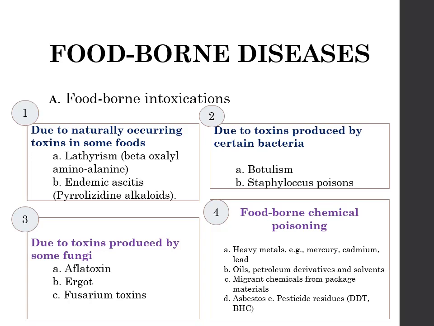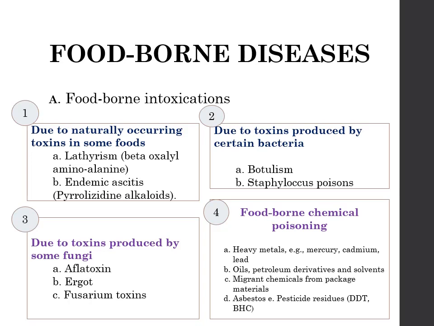The second type is the diseases which occur due to toxins produced by certain bacteria. The example of this type is botulism or staphylococcus infection. The third one is due to toxins produced by some fungi. Examples are aflatoxin, ergot, and fusarium toxins.